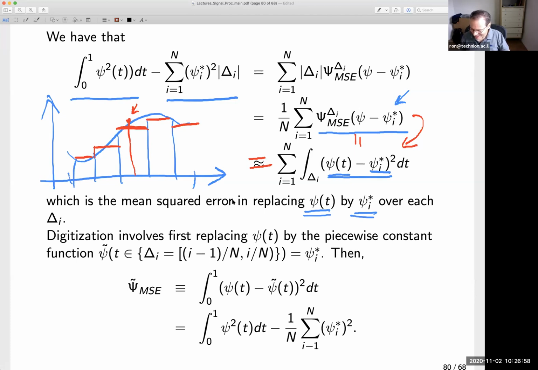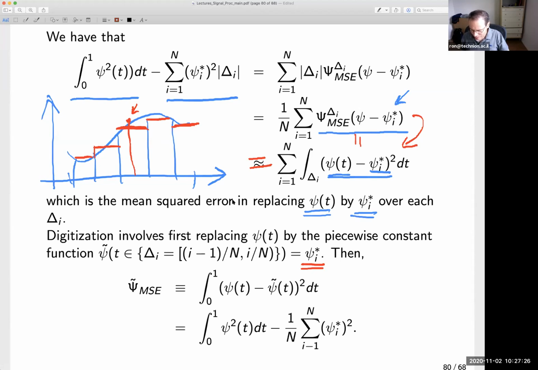So I'm looking at a piecewise constant function. And within each interval, what I'm looking for is the average of this function.